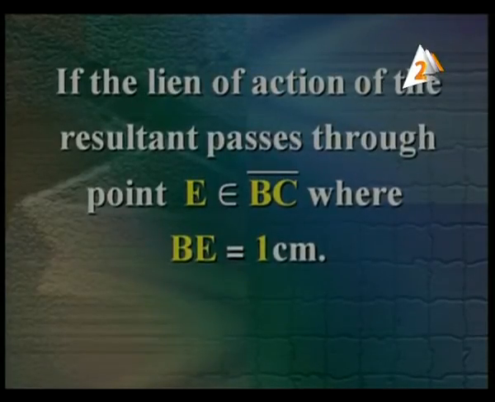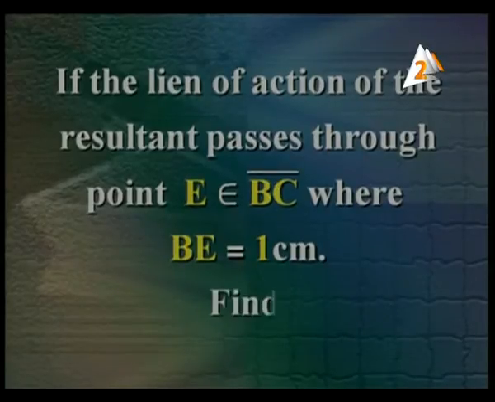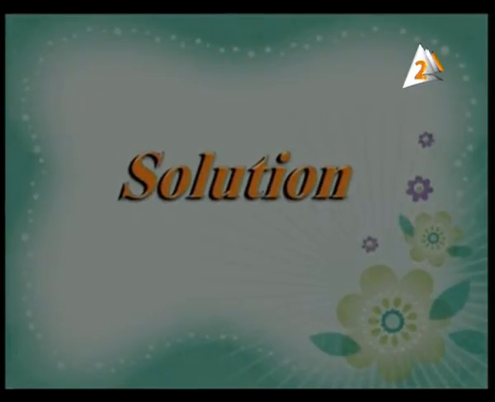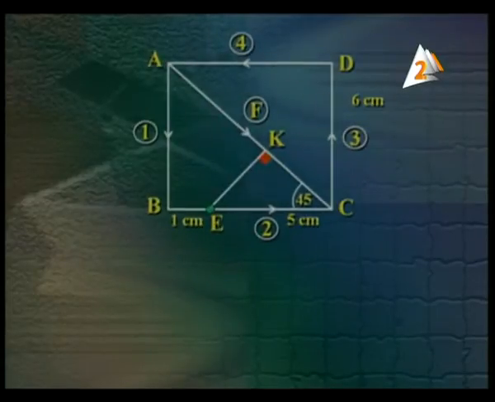As solution we say, in triangle ECK, we notice that EK equals EC sine 45, or we say 5 root 2 over 2 centimeters.